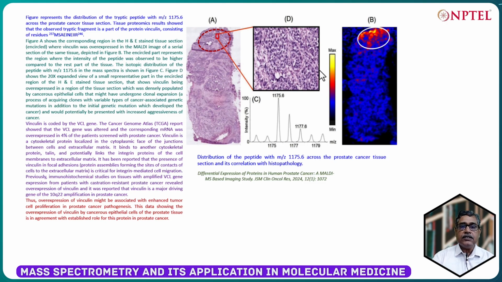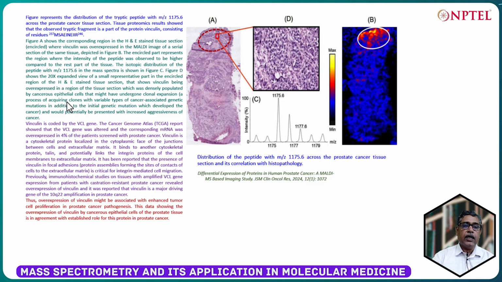Figure D represents a 20x expanded view of a tiny representative part within the encircled region of the H&E stained tissue section that showed vinculin being overexpressed, a region having a dense population of cancerous epithelial cells that might have undergone clonal expansion.